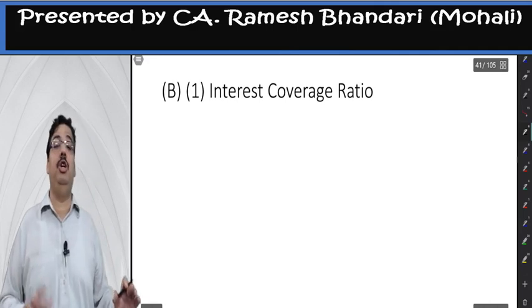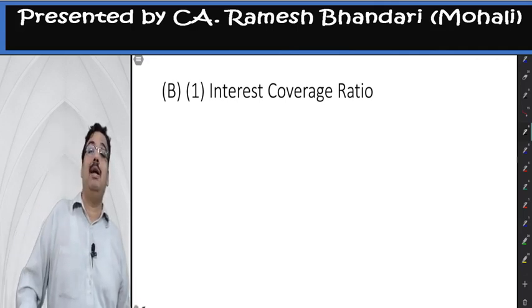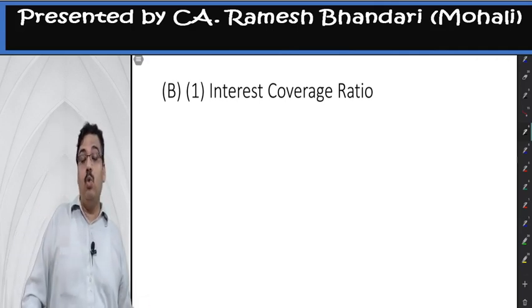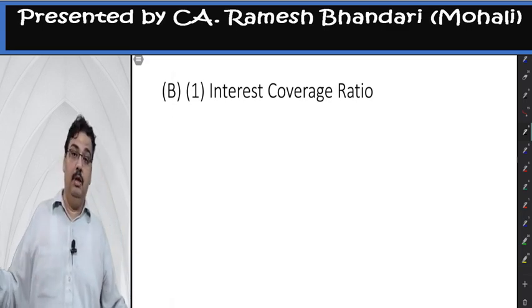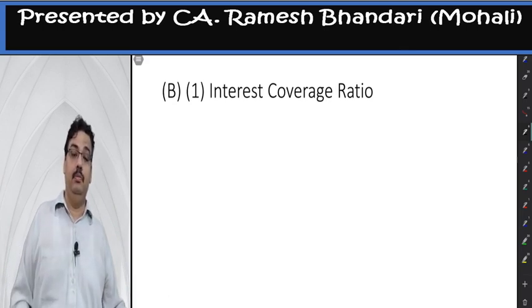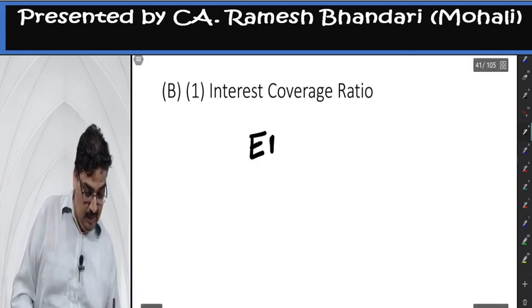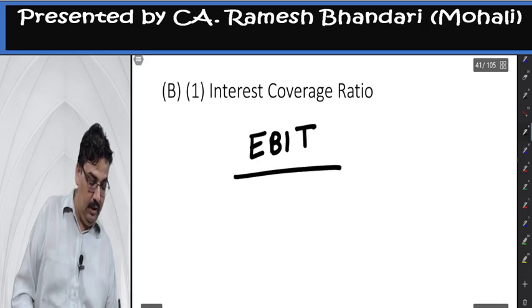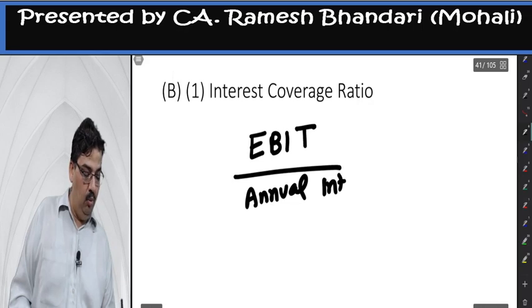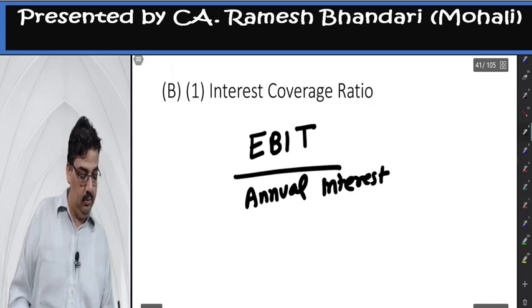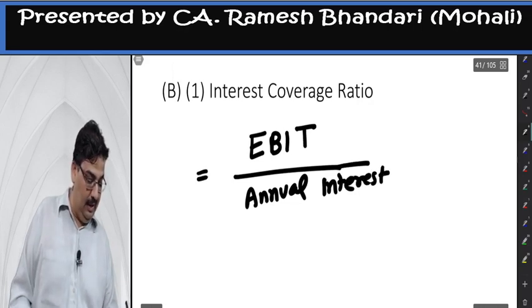Now comes coverage ratio, safety of recurring returns. What is the recurring return for the long term debenture holder or lender? This is interest. EBIT divided by annual interest. It is in times.